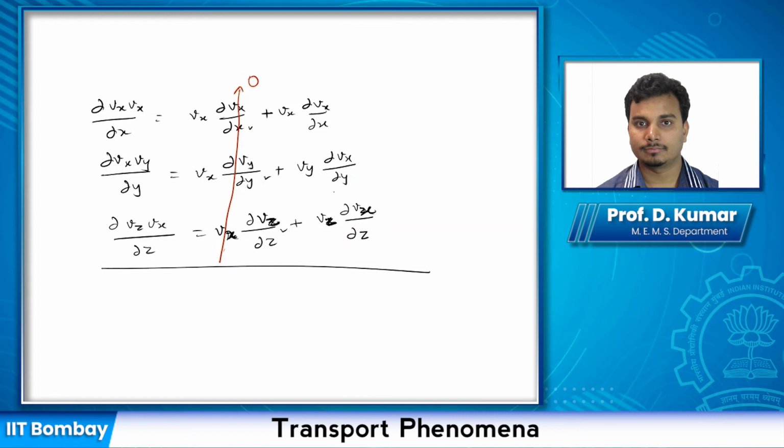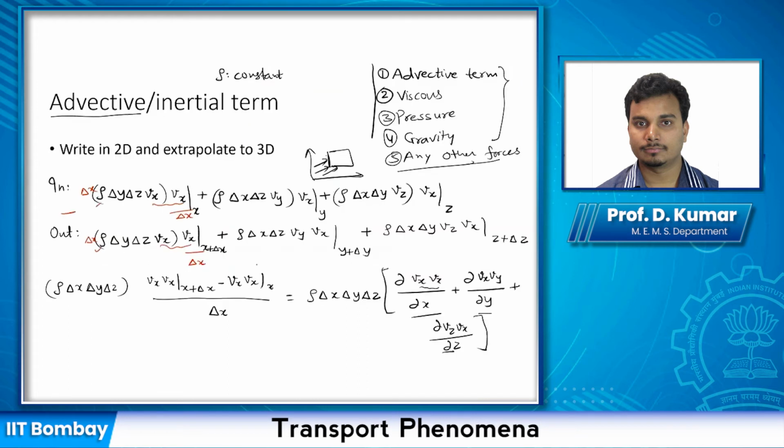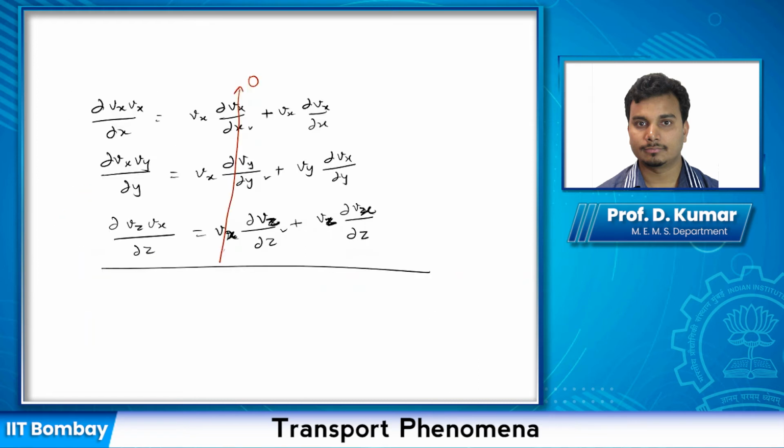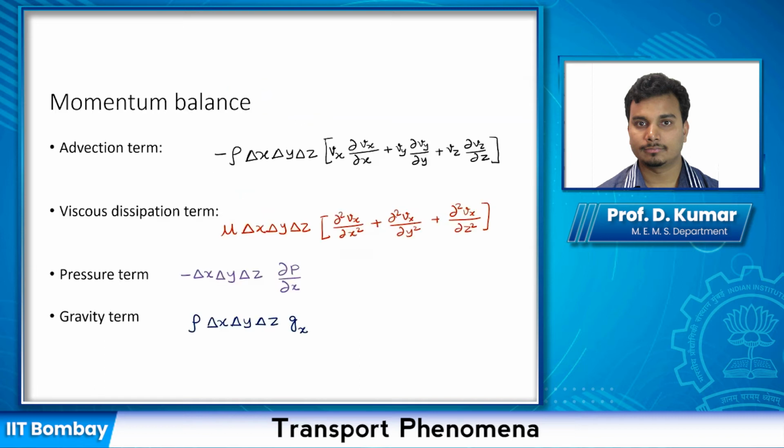Okay. And please note that you should have a minus sign here, right? If you are doing in minus out, then the minus sign should be there everywhere. So the advective term we can write as this. Let me show you. This is what you can write as the advective term. So this is your rho, delta x delta y delta z.